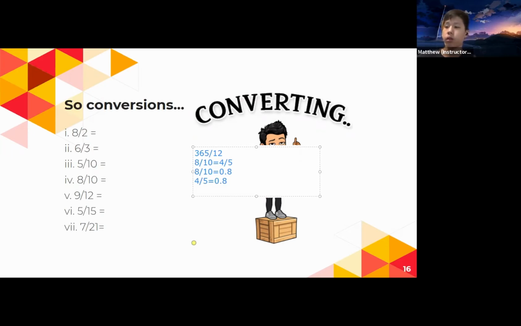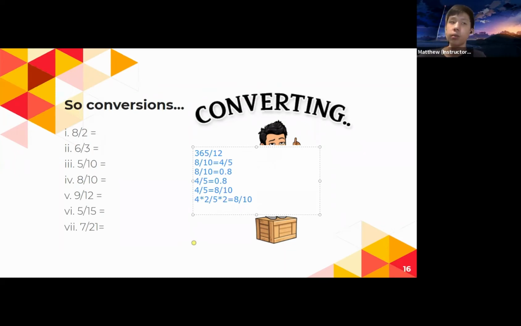Another way you can see this is that 4 times 2 over 5 times 2 equals 8 over 10. It's equal because you're multiplying the numerator and denominator by the same amount, so it'll always be an equivalent fraction.